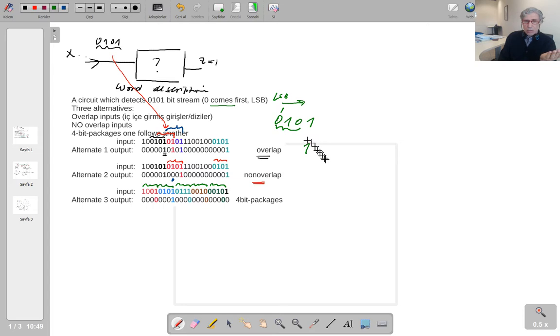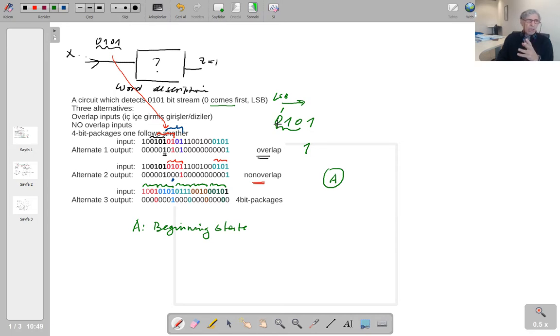Okay, then in the state diagram we've got the states. Let's consider the first state. The first state could be considered as a beginning state. Let's call it A, the beginning state. Why did I say this is a beginning state? Because my sequence's first bit is 0.